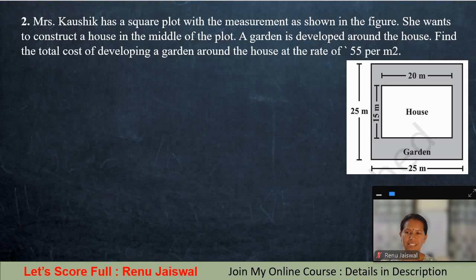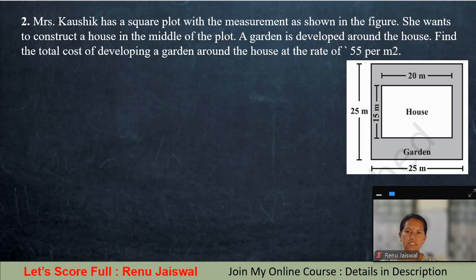The second question says, Mrs. Kaushik has a square plot with the measurement as shown in the figure. So she has this plot 25 meter, and breadth is also 25 meter because it's a square field. So length and breadth, or you can say all sides, are equal.